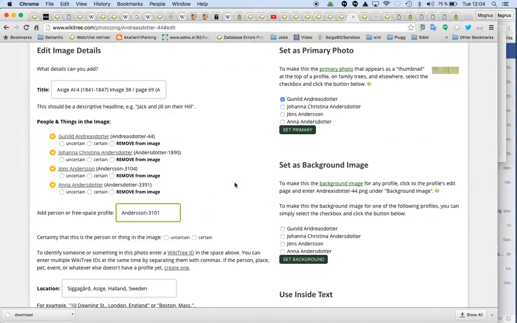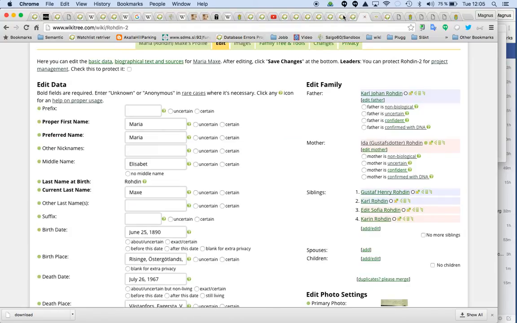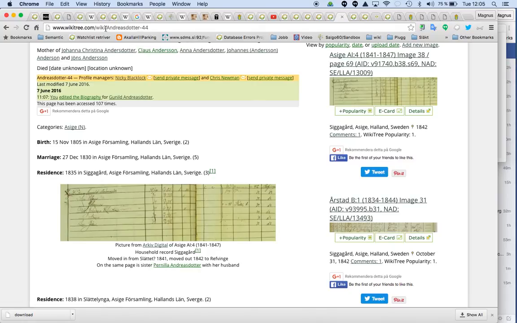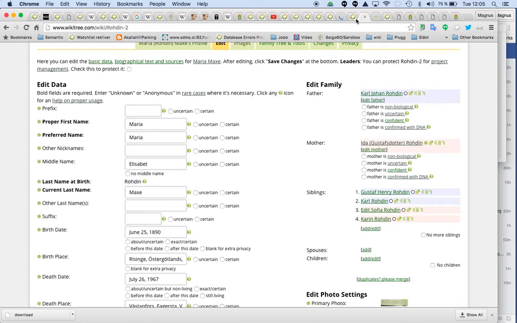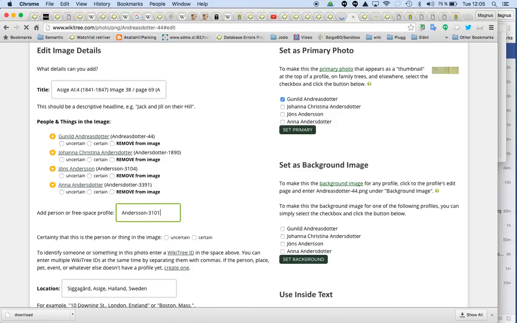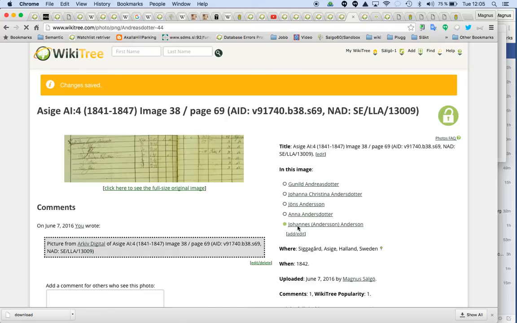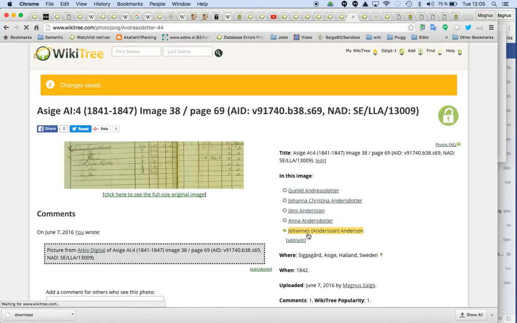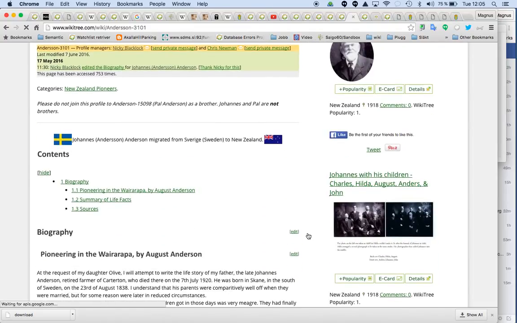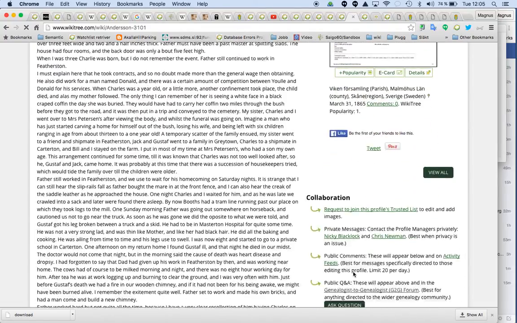Johannes 38. Yes, it's him. Then we have Johannes here, which means he has this picture somewhere down here. You have a lot of pictures, cool.